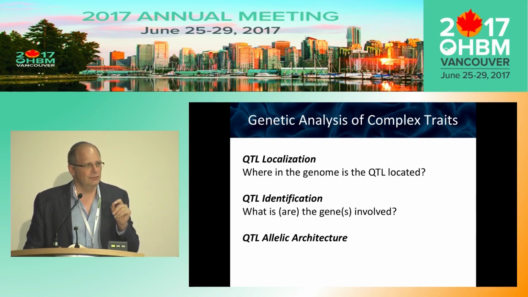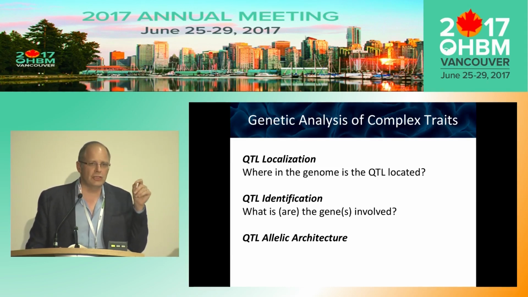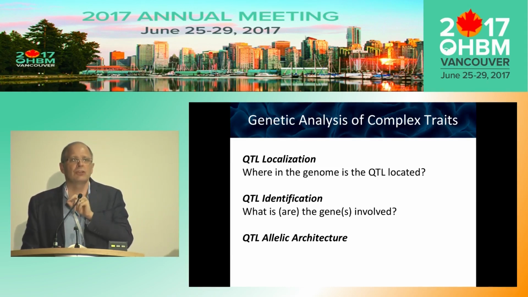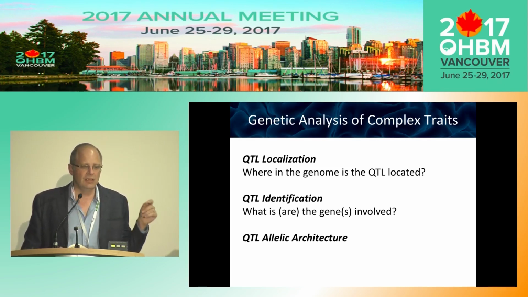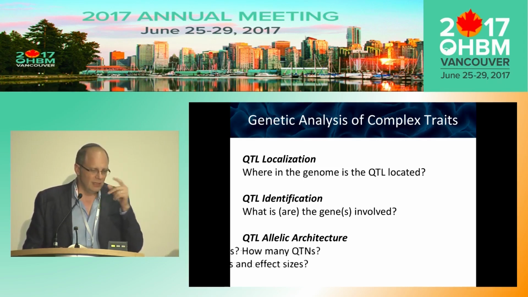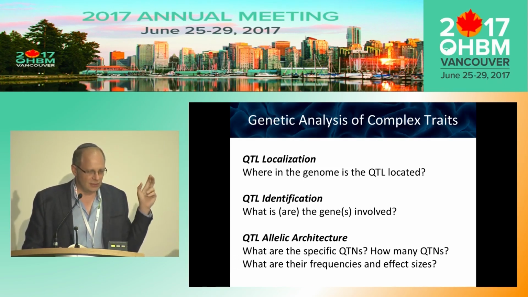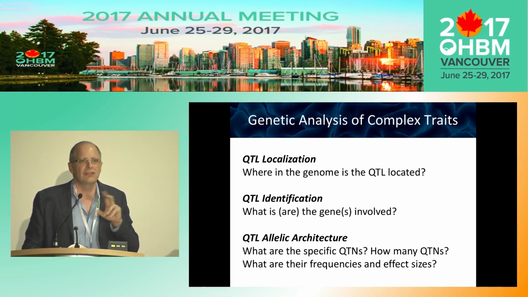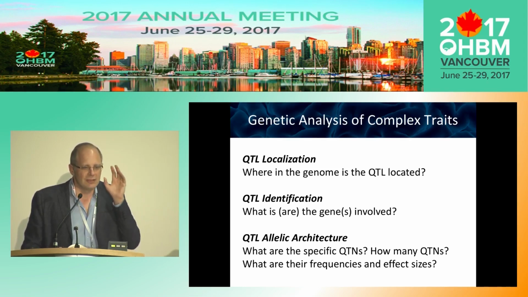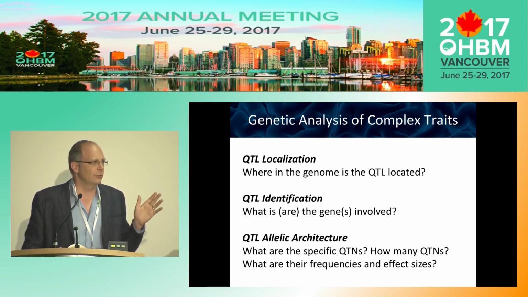The next step is to go from localization within the genome to identification, so trying to find the gene that actually seems to be involved. And the third step is then to actually go in and look at the exact nucleotides and try to figure out how that's working within this effect. So this is sort of the classic form of how we do genetics, right?